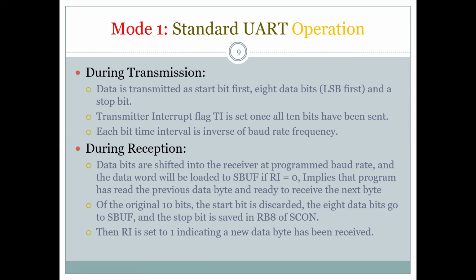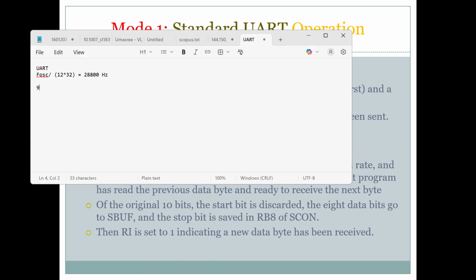See, if I want to operate my UART at a baud rate of 9600, assuming it as F baud, which is equal to 9600 bits per second. So 9600 bits I want to transmit in 1 second, right? In 1 second interval, I want to transmit 9600 bits.